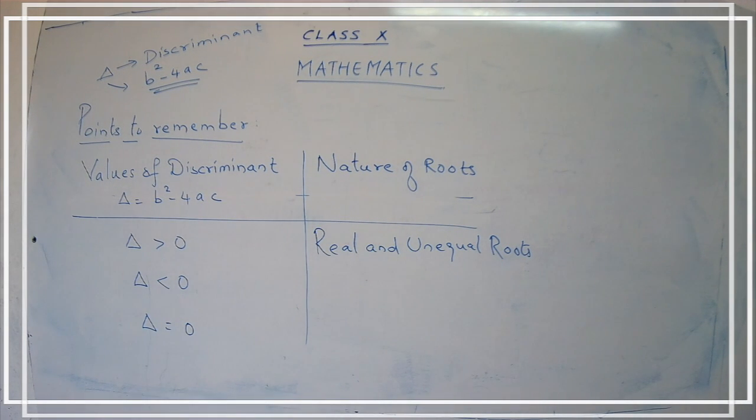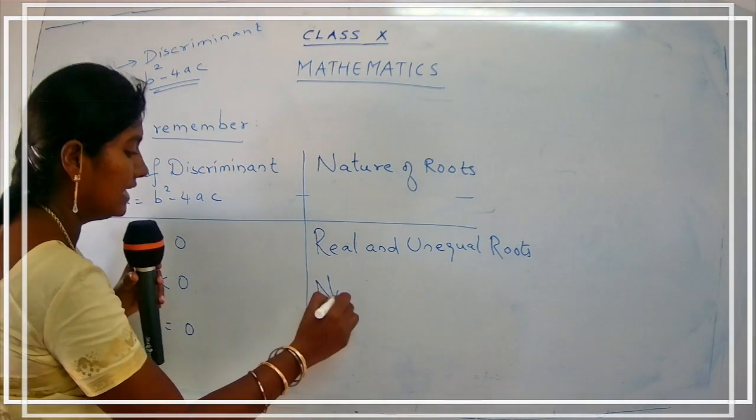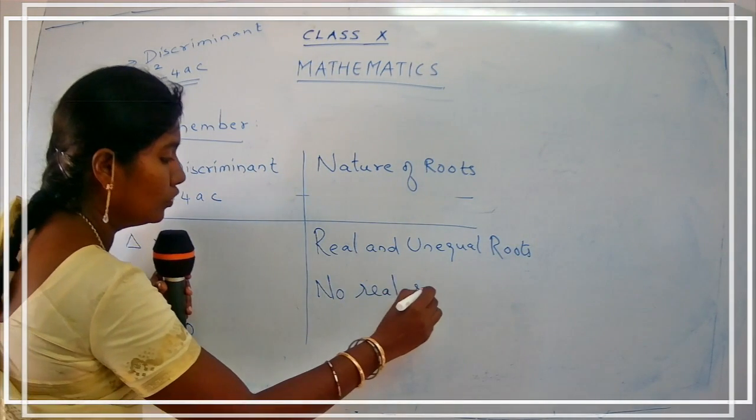I hope you are clear with the points. Okay. Now let's go for the second condition. If delta is less than 0. What do you mean by less than 0? If the value for delta is negative. Yeah, if the value of delta is negative, you have to say here that it has no real root.